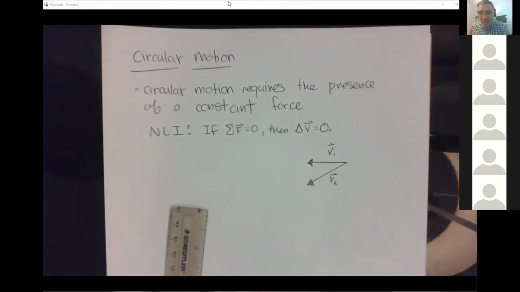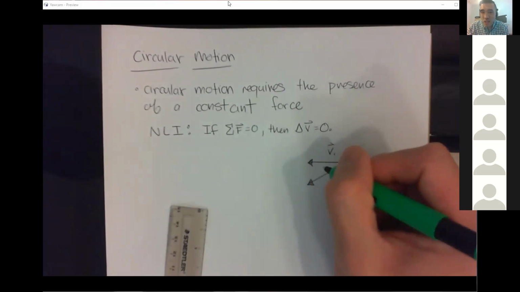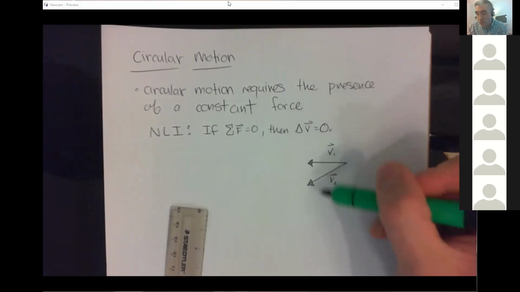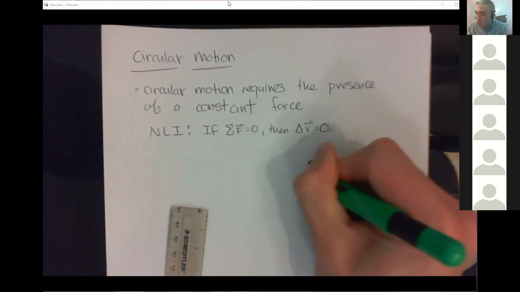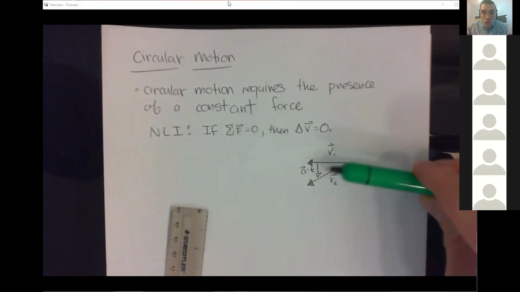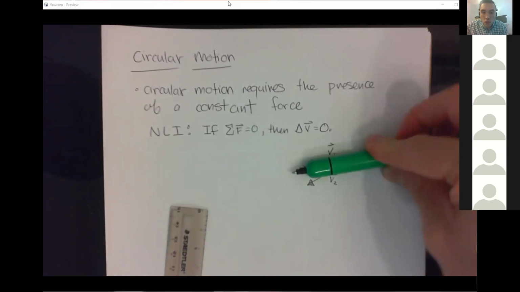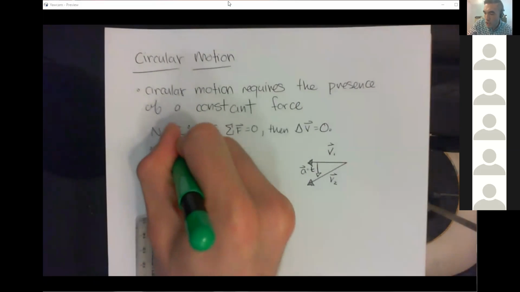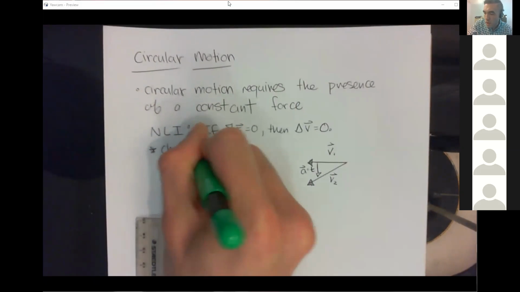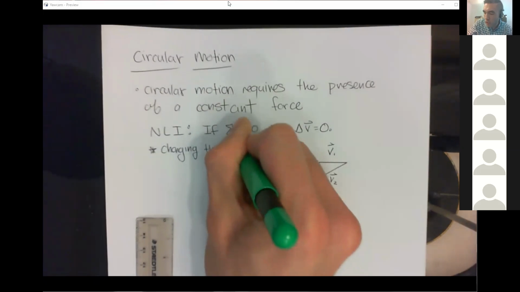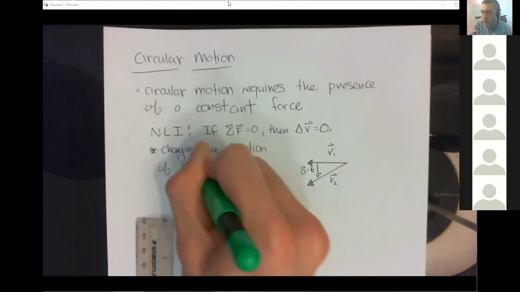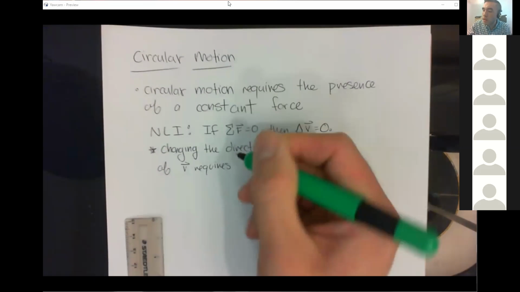There must have been some kind of force, which is the same as saying some kind of acceleration, to take this vector and turn it. You must have had some bridging acceleration here multiplied by the amount of time it was applied for, so that you can go from here to here. So no matter what, changing the direction of velocity absolutely requires the presence of an acceleration.